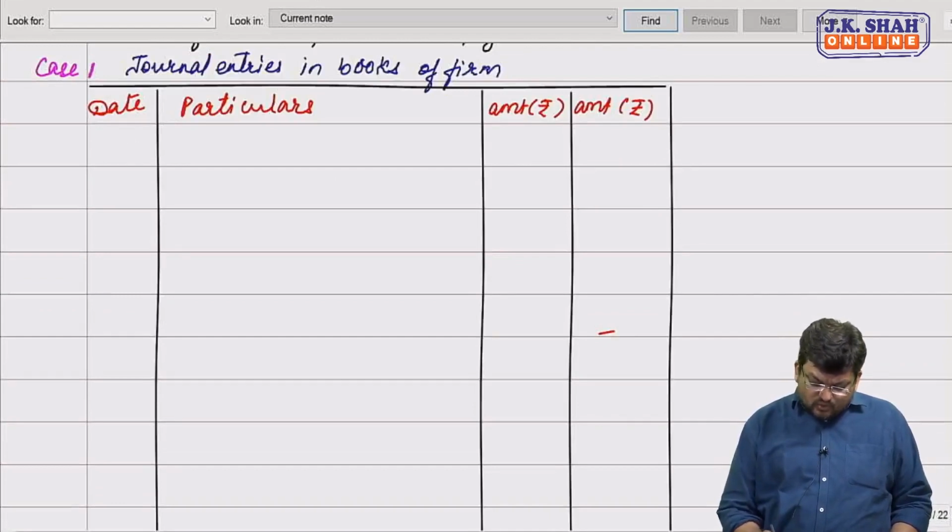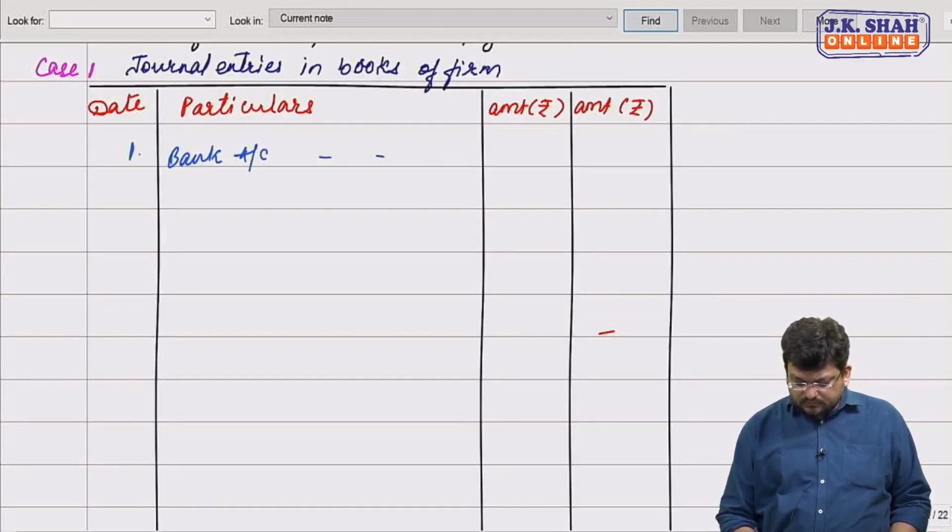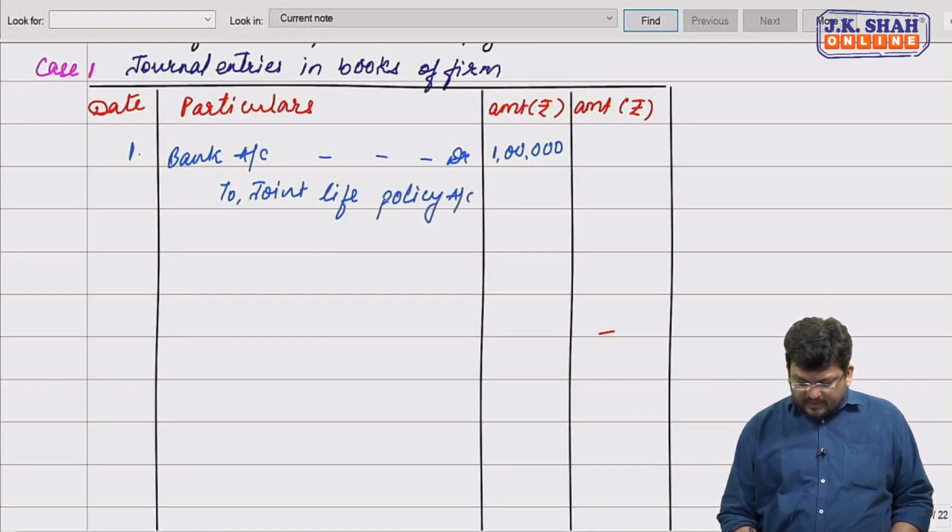First entry to collect that 1 lakh would be bank account debit to joint life policy account, correct.